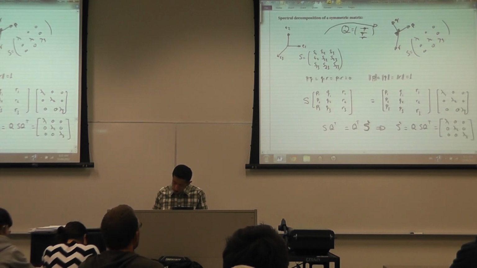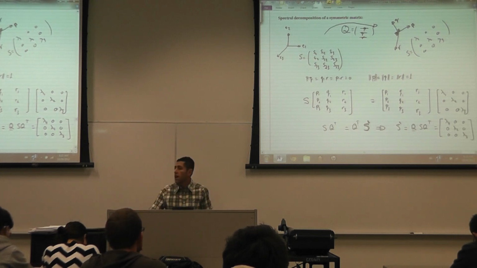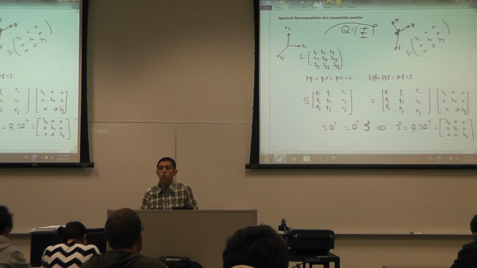Which shows that in this new coordinate system made out of P, Q, and R, S prime is a diagonal matrix with the eigenvalues of S.